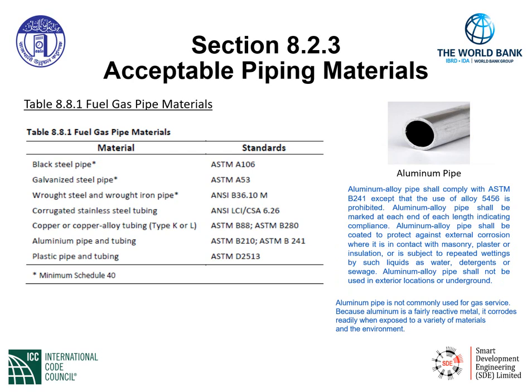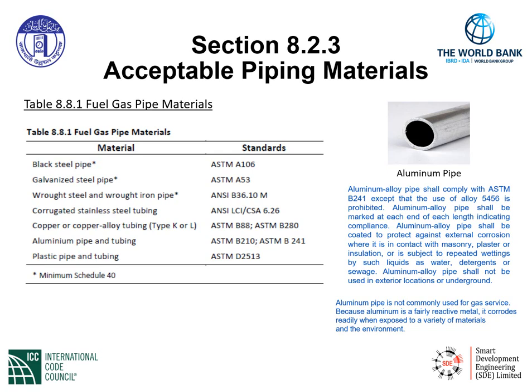Another material that's indicated in the table is aluminum pipe. Aluminum alloy pipe shall comply with ASTM B241, except that the use of alloy 5456 is prohibited. Aluminum alloy pipe shall be marked at each end of the pipe length, indicating compliance. So we're looking for the marking of the standards on the pipe itself.